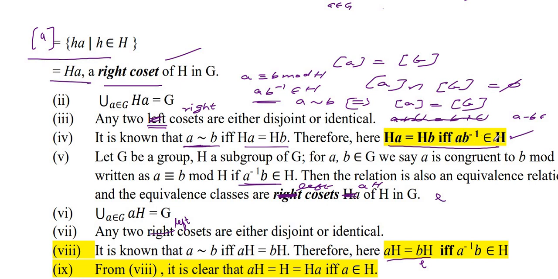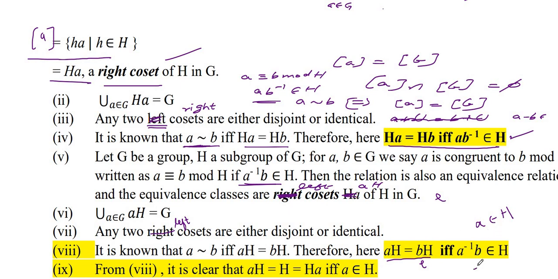So that means A belongs to H. And here also you have B being taken as E, A inverse belongs to H. But once you have A inverse in H, H being a subgroup, you can also say that A belongs to H. So we can club these two, replace our B by E, and have this conclusion: AH is equal to H is equal to HA if and only if A belongs to H.